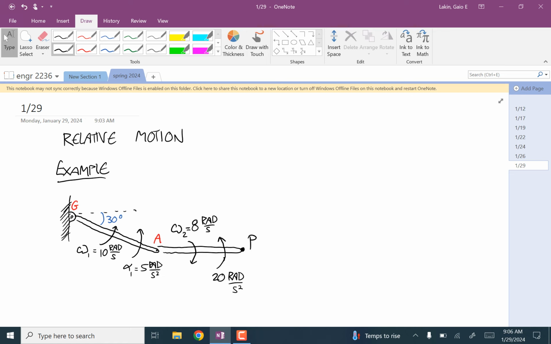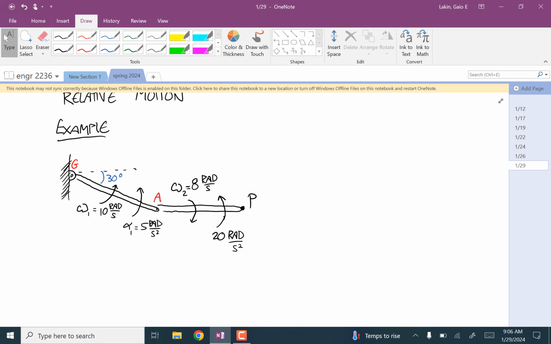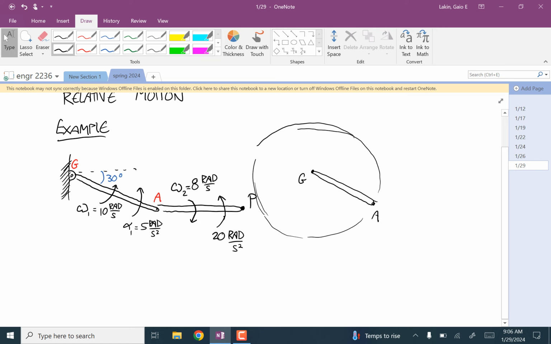And so you can think of this as 2 circular motions. You have this point A moving in a circular path like that, where G is at the center.